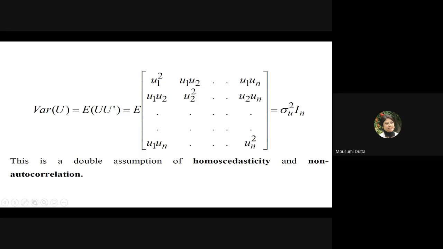You take a column vector u1, u2 to un and multiply it with a row vector u1, u2 to un, and please tell me whether you are getting these values or not.